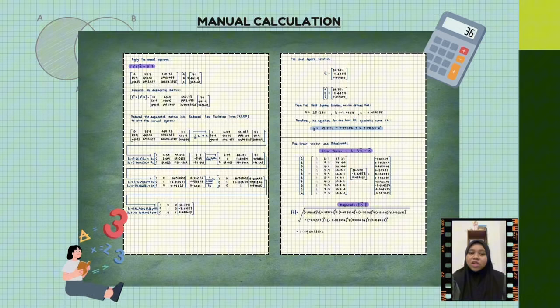Then, after we got all the elements, we apply the normal system and solve it using reduced row echelon form until it becomes identity. Lastly, the least square solution and the equation for the best fit curve are shown above.